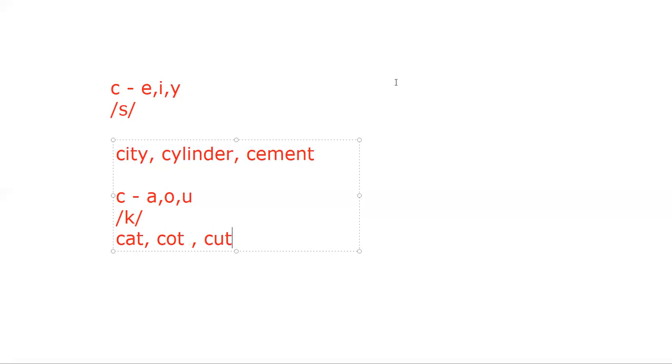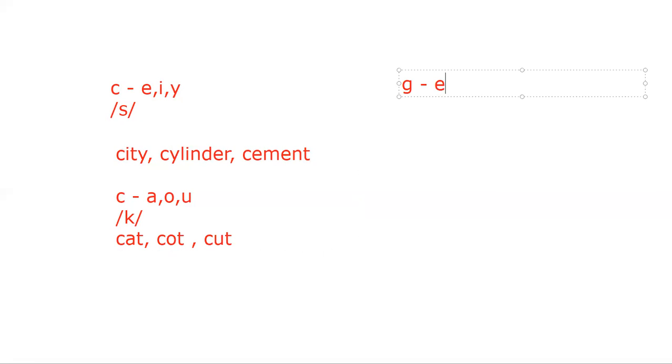The same is applicable for letter G also, right? If G is followed by E, I or Y, then it becomes J sound. For example, gem, ginger, and Jim.